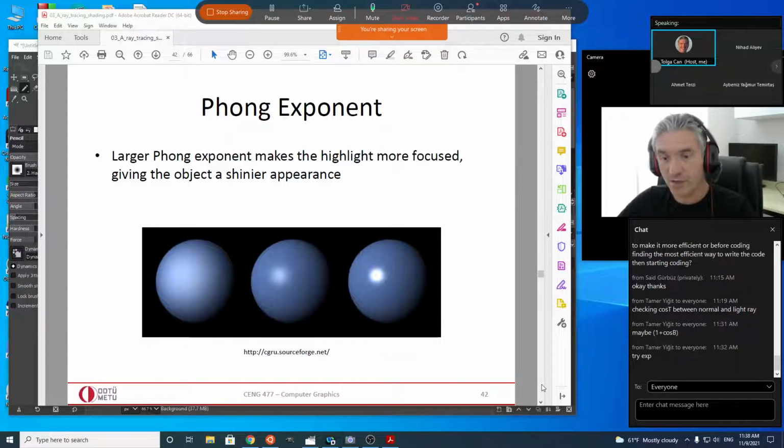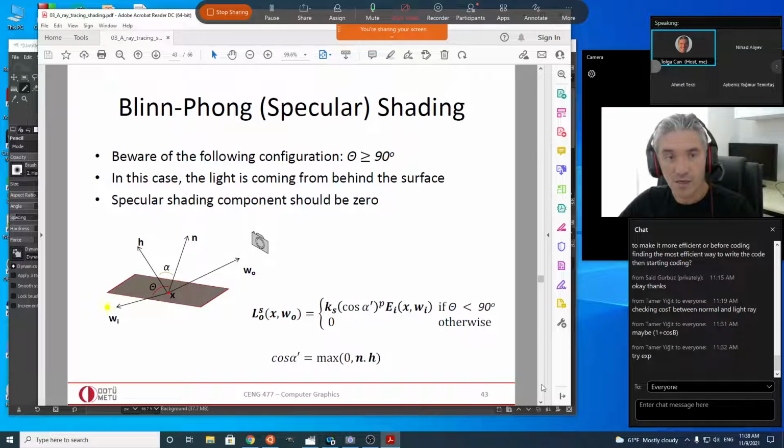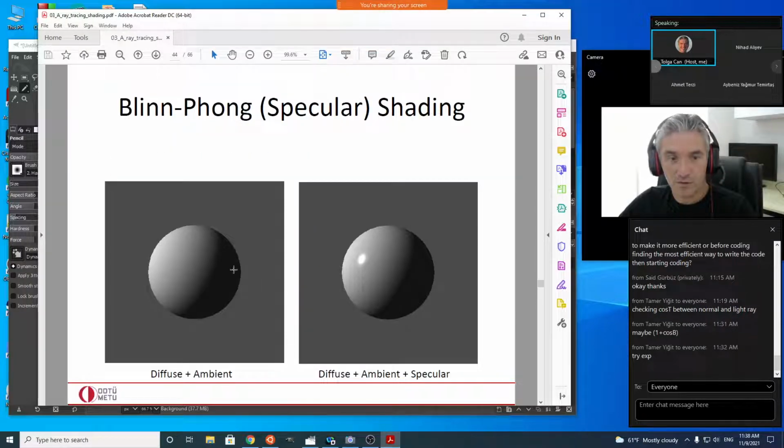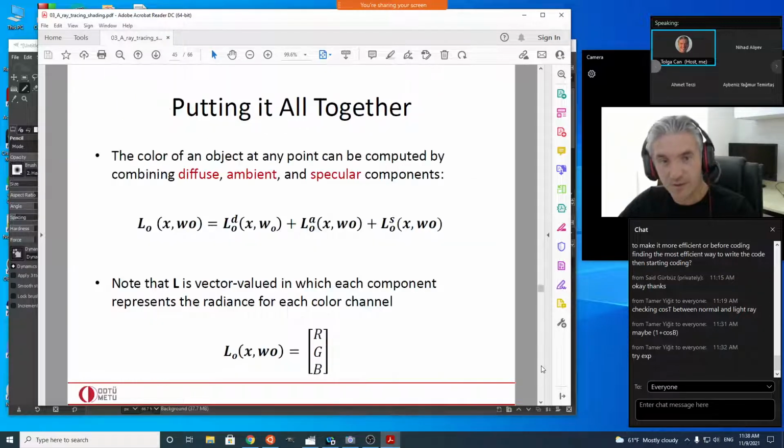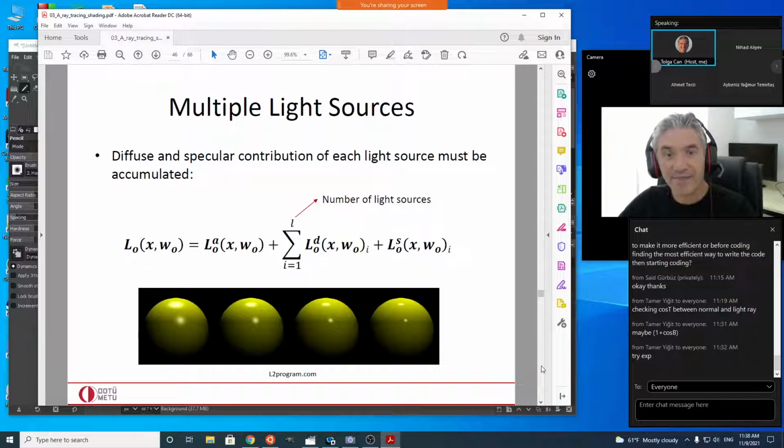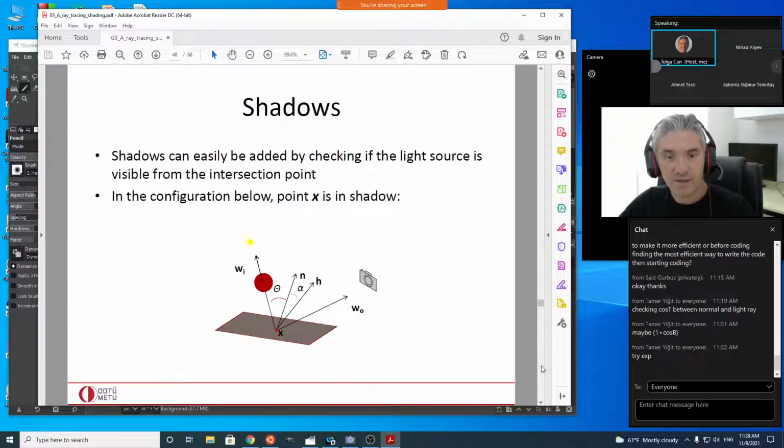So the basic illumination model is done. This is diffuse plus ambient plus specular. This is that specular spot. Putting it all together, we just add them. The remaining things are shadows and reflections, and we will finish those on Thursday.